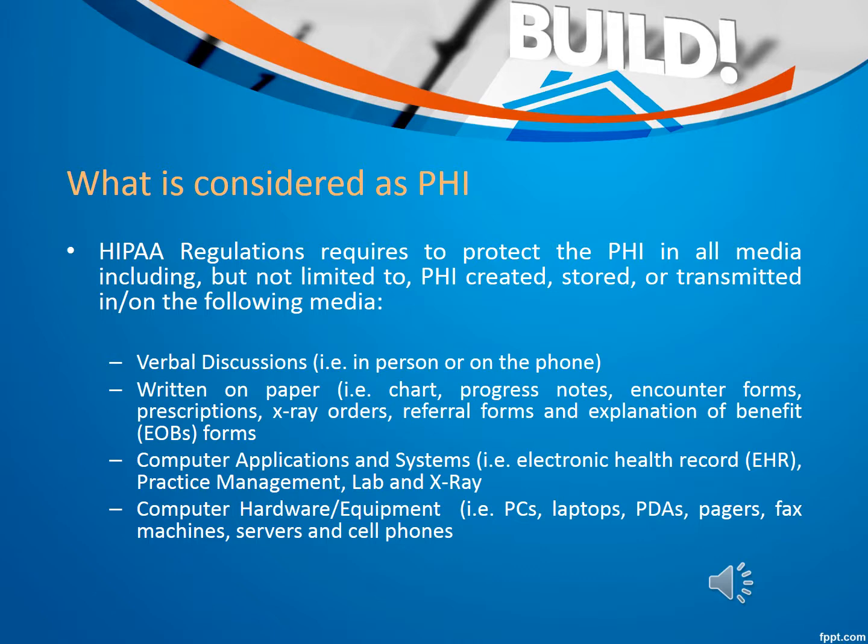That could be a verbal discussion about the patient record, either in person or on the phone, or written on paper: chart, progress notes, encounter forms, prescriptions, X-ray orders, referral forms, and explanation of benefits or EOB forms.